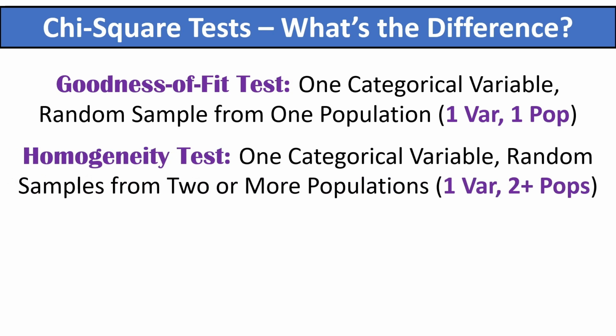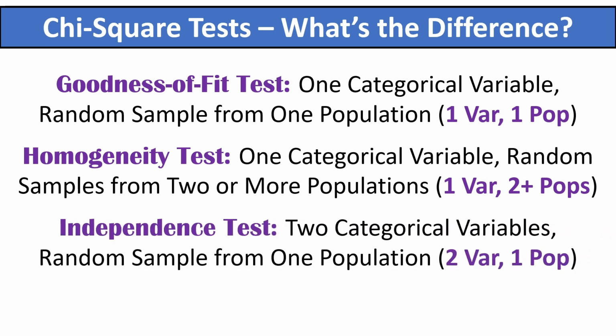Next, we did the homogeneity test, and there, it's one categorical variable again, but in this case, there are 2 or more populations. And then lastly, we did the independence test, where you have 2 categorical variables, where samples are drawn from a single population.